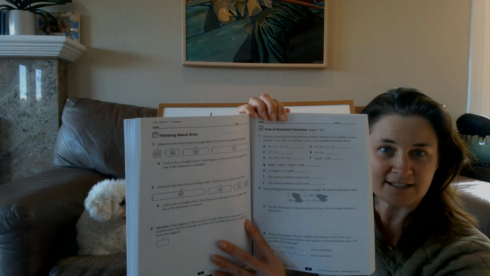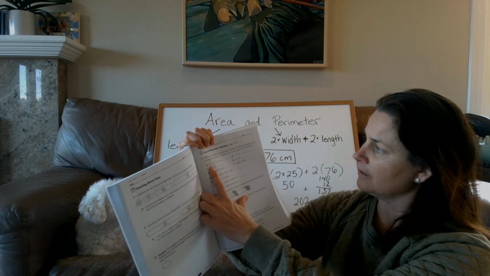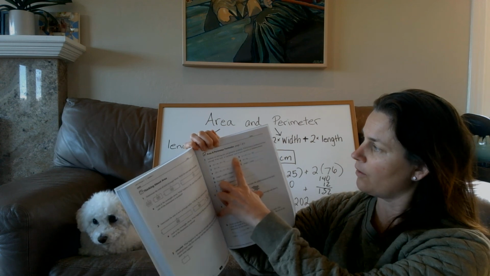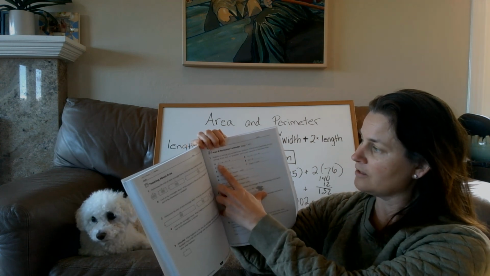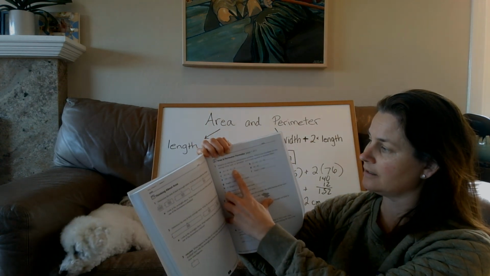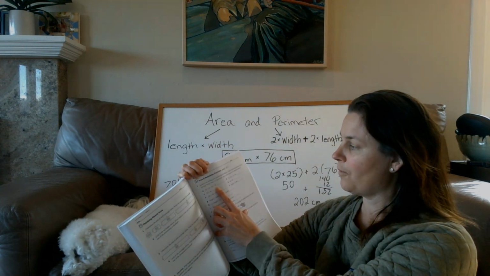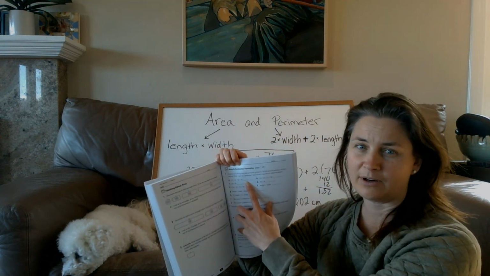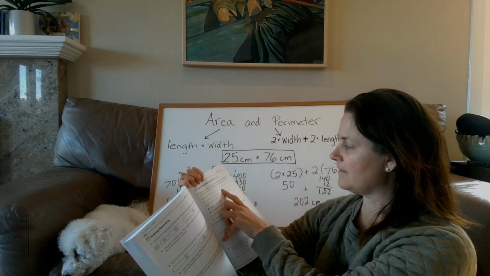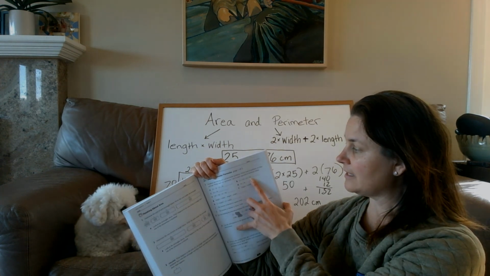They're going to be asking you to identify if a student is solving a problem to find the area or the perimeter. So A, 25 plus 76 plus 25 plus 76. Those are our numbers. Are they finding the area or the perimeter if they're adding 25 plus 76 plus 25 plus 76? And then for B, 2 times 25 plus 2 times 76.